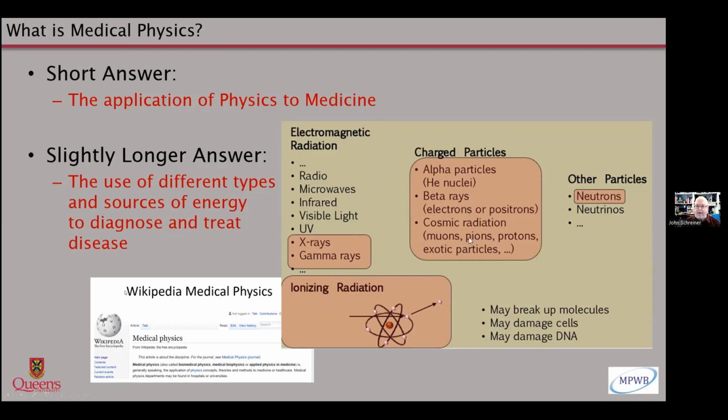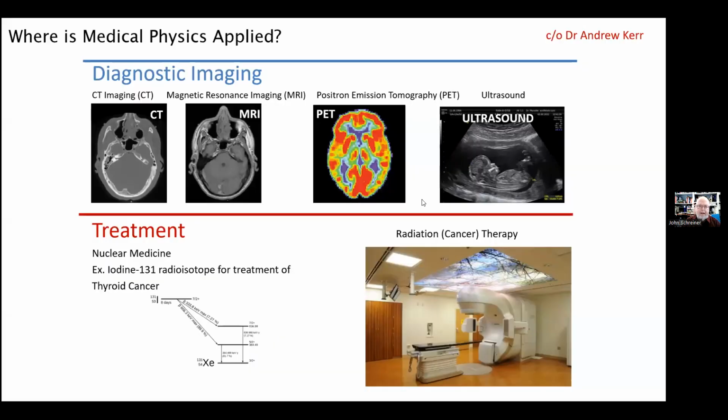In therapy, one is usually using ionizing radiations because we are trying to kill cells, particularly tumor cells. So I will be concentrating mainly on the physics of ionizing radiation today, although in diagnostic imaging, other radiations are used.